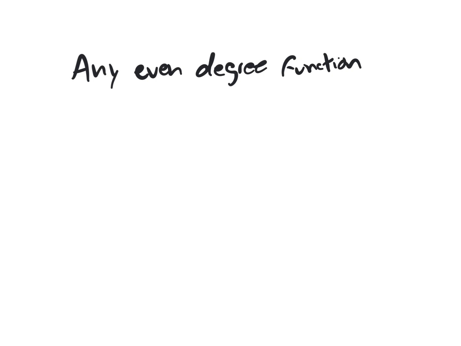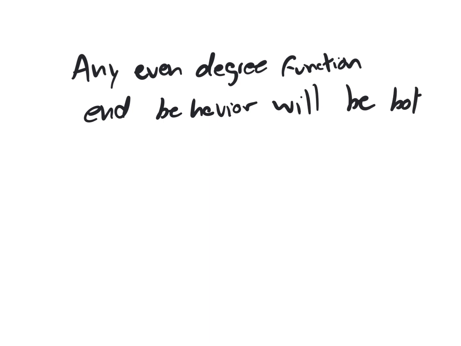End behavior will be both up if the A value is positive or both down. That's the end behavior. I don't know what's happening in the middle, but I know how it ends up. As you go to the left, it's going to go up. If the A value is positive, as you go to the right, it's going to go up, right?